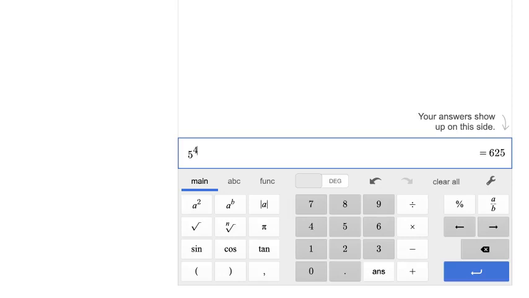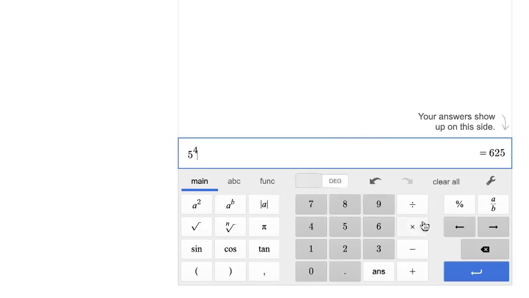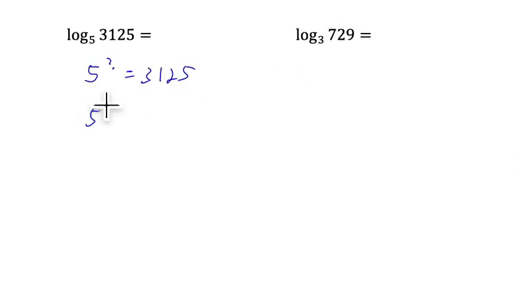That equals 625, but we want to get 3,125. So let's try 5 raised to the 5th power. And there we have it. 5 to the 5th power equals 3,125. Now, since the exponent is 5, that means that log base 5 of 3,125 equals 5. Remember, the log equals the exponent. So this 5 here is this 5 right there.